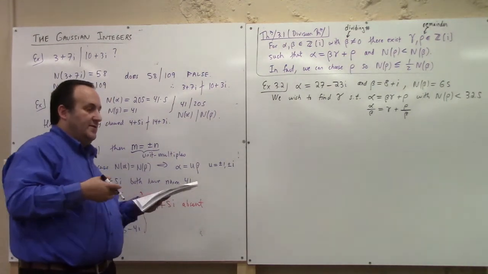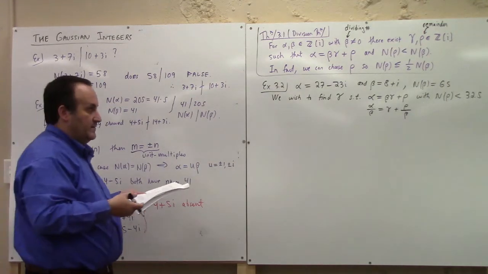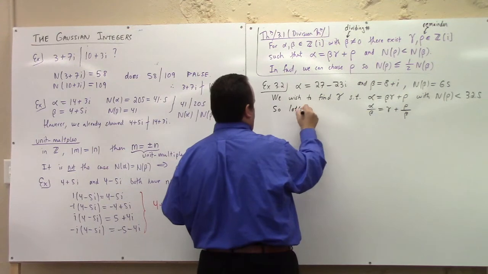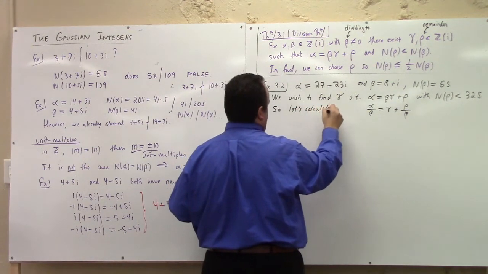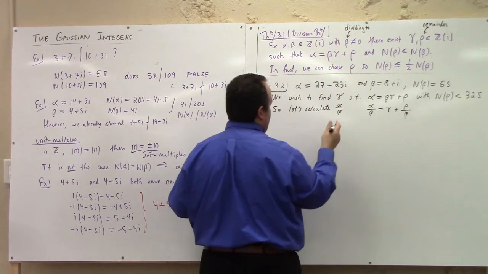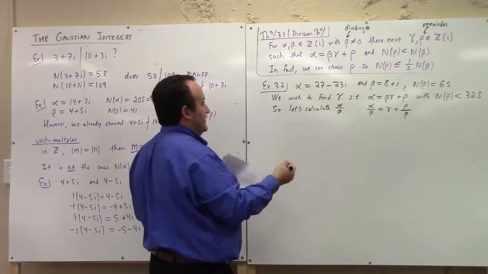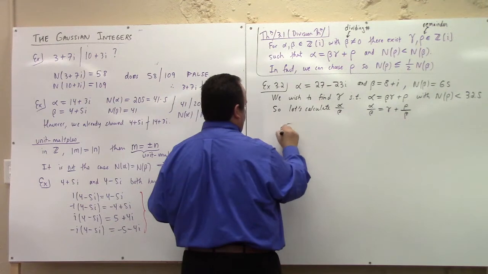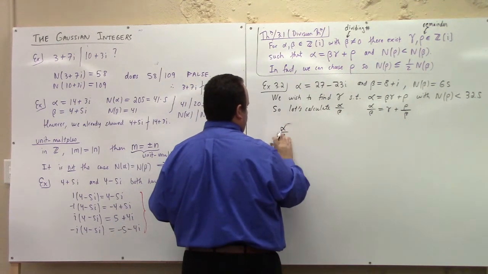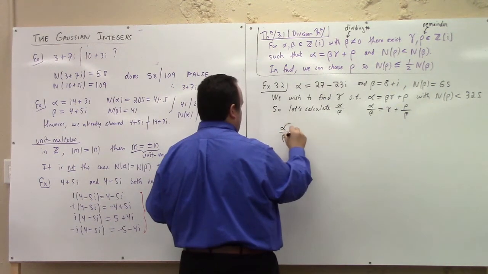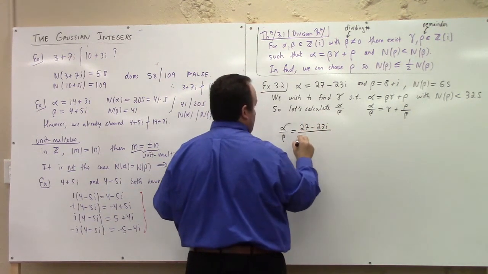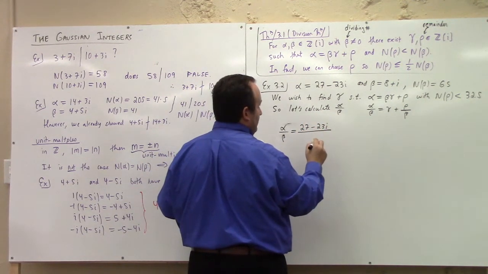So what we should calculate then is alpha over beta. Let's calculate. We can do that because, again, these are complex numbers. So what is alpha over beta? That's 27 minus 23i divided by 8 plus i.